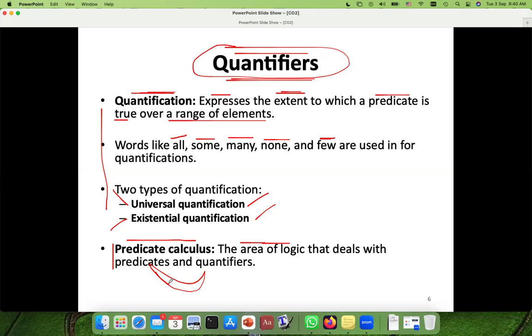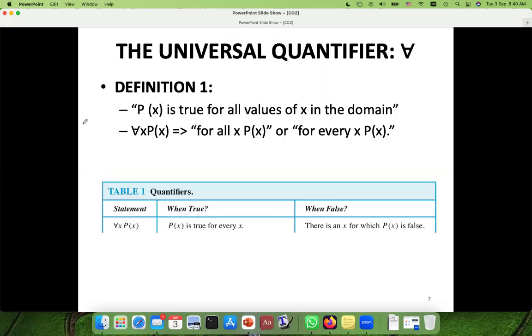Anyhow, that is called predicate calculus or predicate logic. Now, what is the universal quantifier? This symbol, I am sure that you have seen somewhere in mathematics. This inverted A is called the universal quantifier.